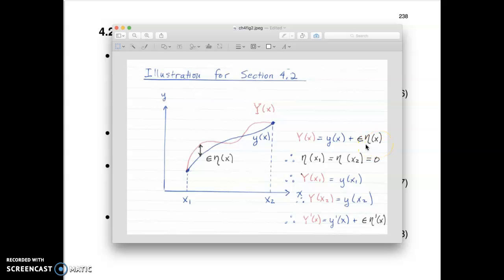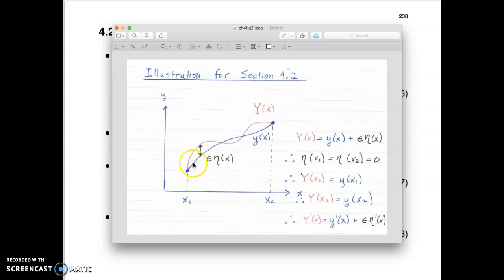Okay? Eta can be anything you want it to be, except we insist that eta at x1 and x2 be equal to 0. And if you think about what this means, it means regardless of epsilon, big Y will be equal to little y at x1 and x2, because that's where eta is equal to 0. Okay, so you can visualize it this way.